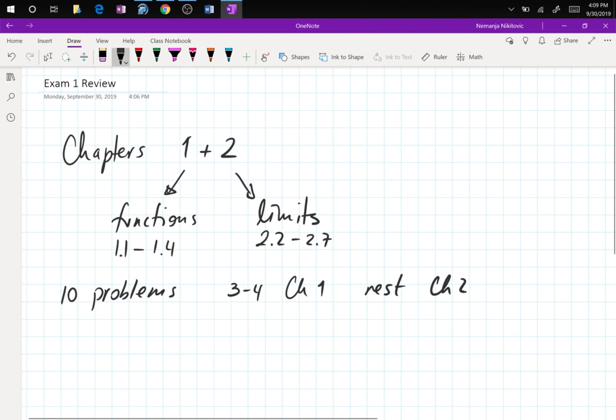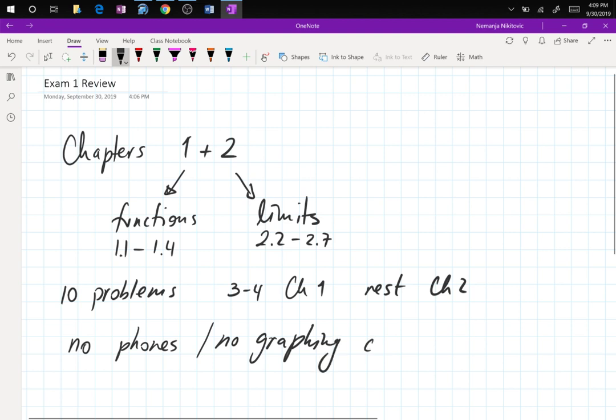Bathroom before the test, not during the test. No phones and no graphing calculators. That's the rule of the college, so we can get you to transfer these courses.